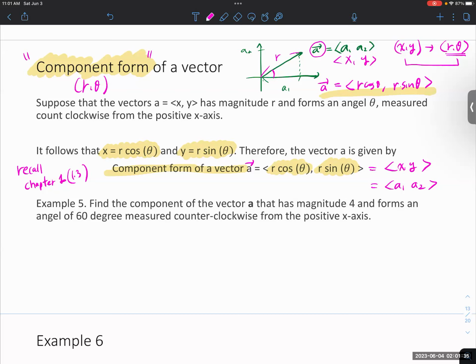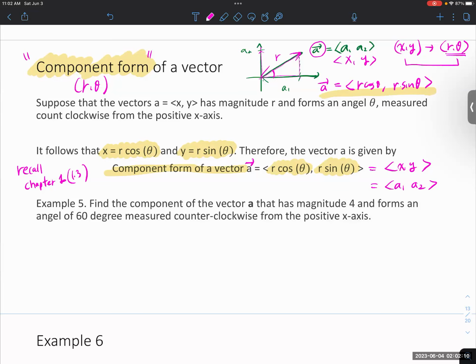Just think about it: we know how to convert x comma y in the rectangular coordinate system to the polar coordinate system. The same thing happens in the vector system. A vector is just another language that contains magnitude and direction. This is the position based on the x-axis and y-axis, and I can convert it to polar based on r, the radius, and theta, the angle. So vector A can also be represented as r times cosine theta, r times sine theta.